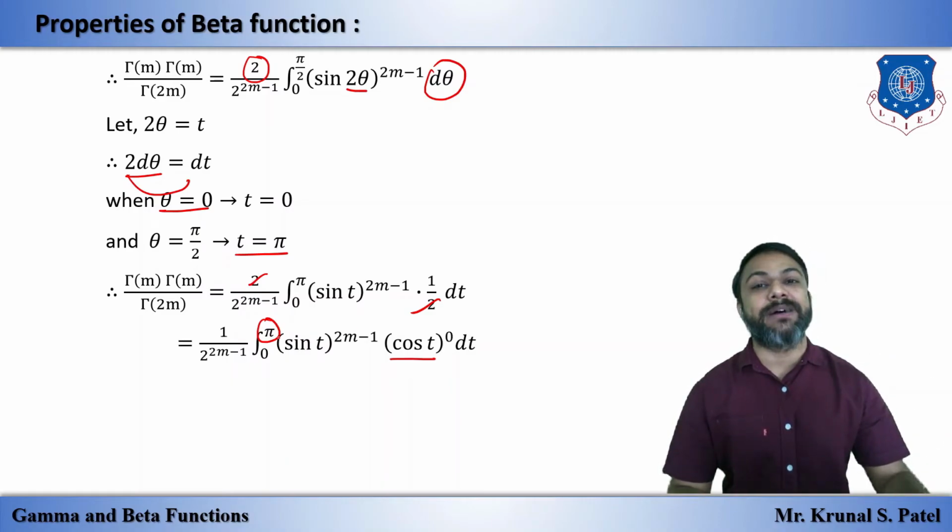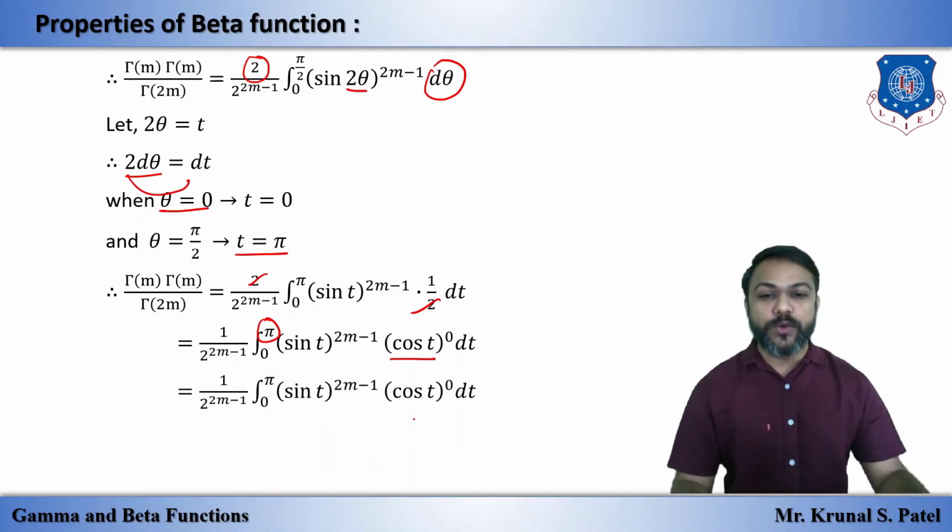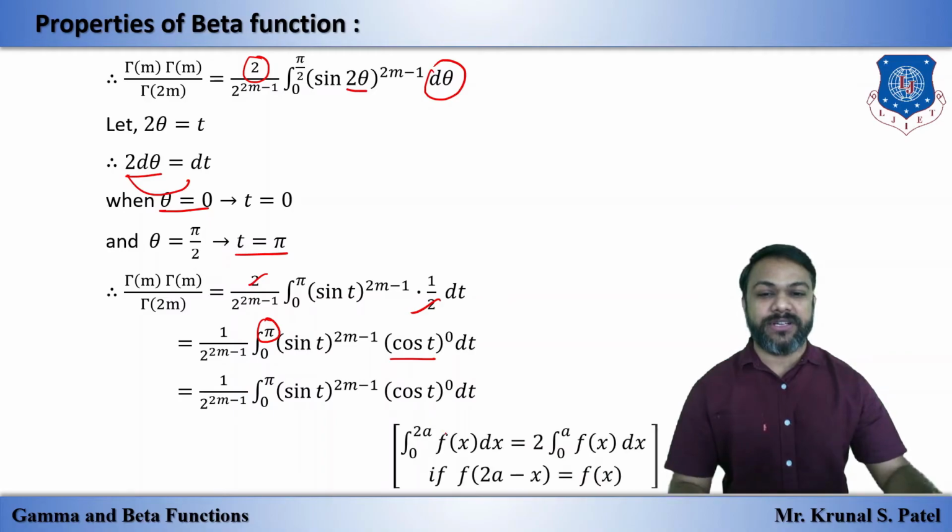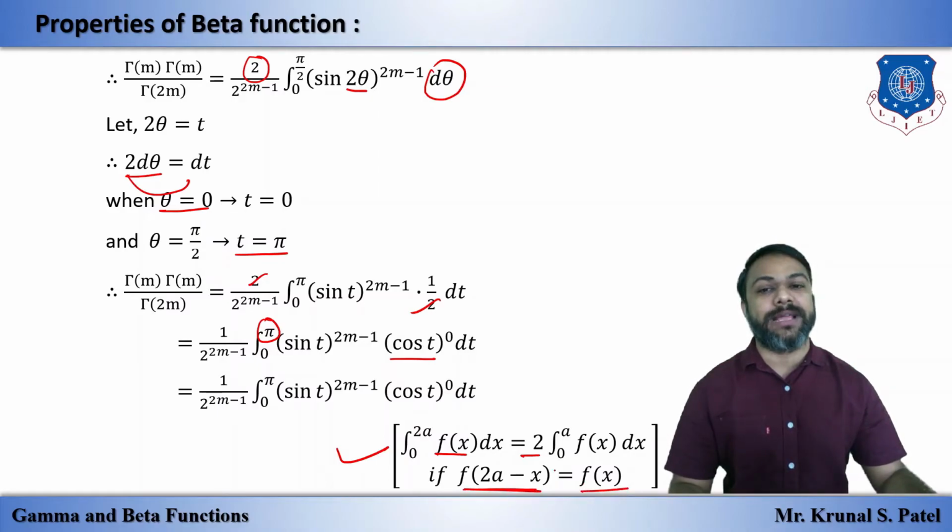For that we need this limit pi by 2. For that we will use this property of integration: if the integral 0 to 2a of f(x) dx, then we can use 2 times the integral 0 to a, if f(2a minus x) is f(x).